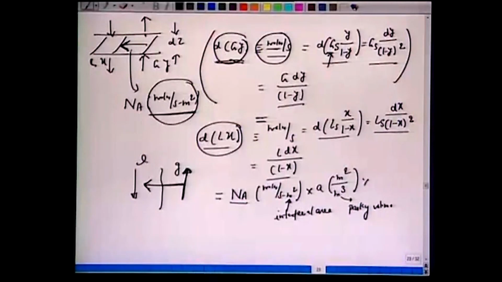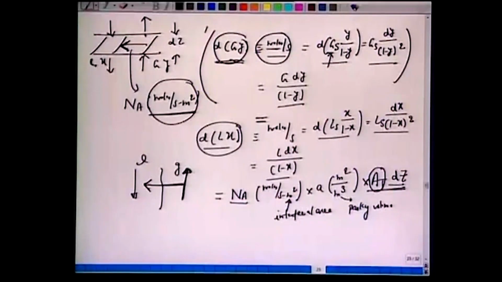So, this multiplied by the cross sectional area of the column, At, into dz, that will be our moles per second. So, moles per second per meter square per cubic meter of packing volume, into At, the cross sectional area, into dz will give you moles per second.